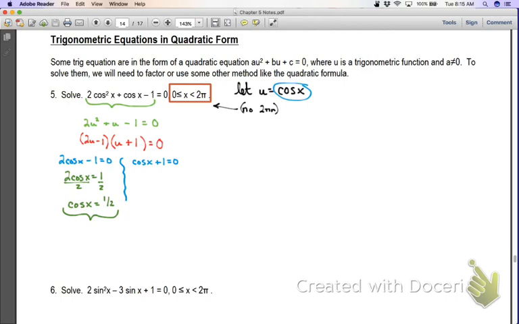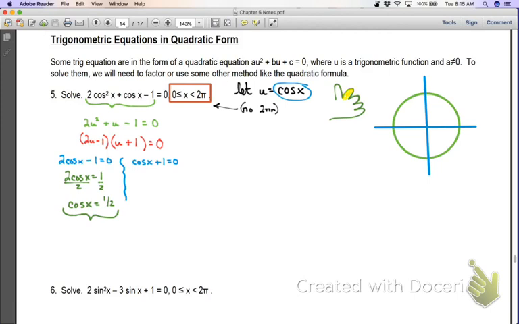Again, if you need to, draw the unit circle or use the unit circle to figure out when this happens. Or if you want to use your hand, the hand trick, and go like this, and know that whenever I have cosine of 1/2, that's going to be the top side of my hand.